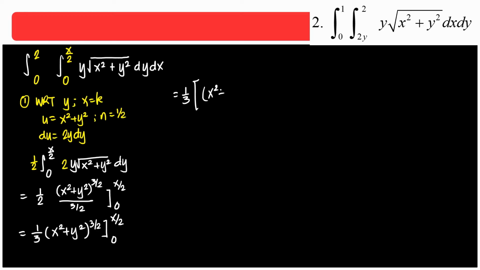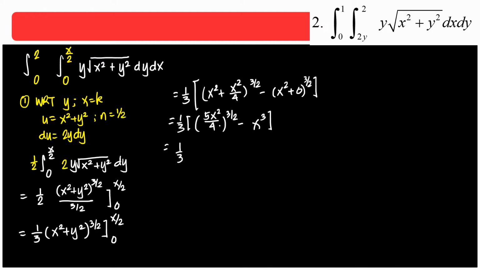So x squared plus x over 2, that's going to be x squared over 4, to the 3/2, minus x squared plus 0, to the 3/2. So this is 1/3. This is going to be 5x squared over 4, to the 3/2, minus this one is x squared. This is just x cubed.